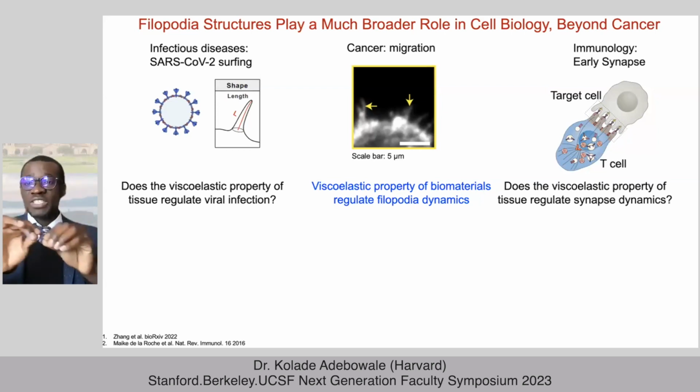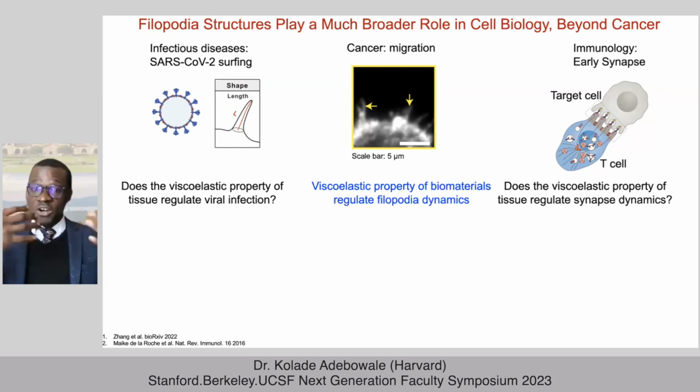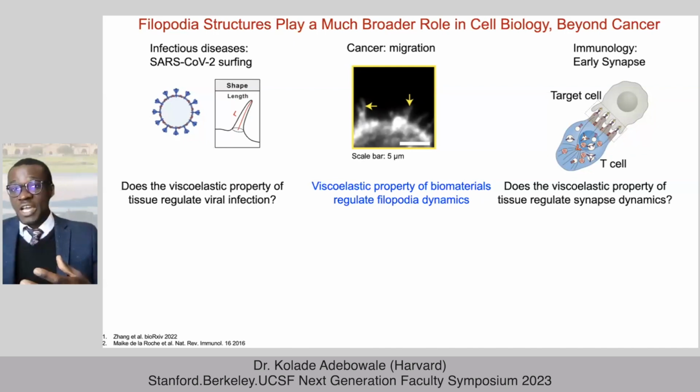Really the point of this slide is to highlight that perhaps our understanding of physics can allow us to probe much more deeply and also broadly into biology, and that these humble filopodia structures play a much broader role in cell biology beyond cancer. And now we have an experimental assay that allows us to modulate and tune the dynamic properties of these structures to elucidate a potential role in viral infection, in cancer, and also in immunology more broadly.